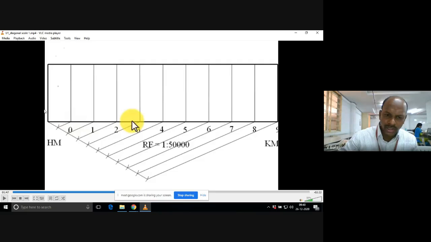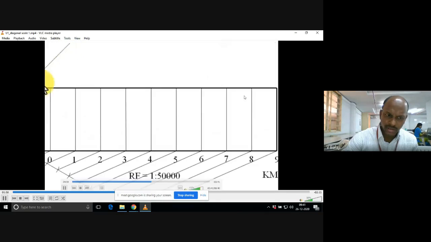So now we need to apply the concept of diagonal scale. To understand the diagonal scale, first, what is the relation between kilometer and its subunit hectometer? 10.